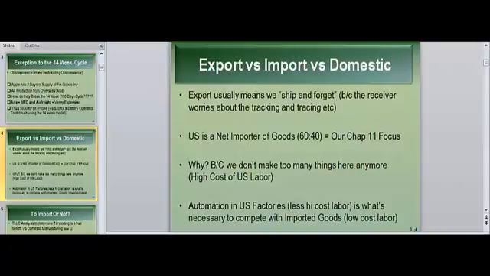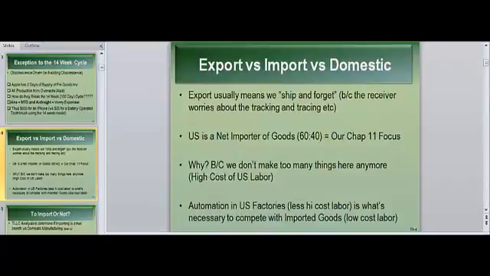So how do you correct that? Well, the last bullet is through automation in U.S. factories to replace the high-cost labor with machines. That's what's necessary for U.S.-based companies to be able to produce in the U.S. and have low costs.